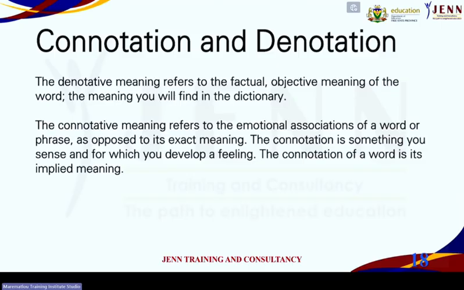Now, the connotative meaning is actually the emotional associations that we have with a word or with a phrase, which is a group of words, as opposed to its actual exact meaning. The connotation is something that you sense and for which you develop a feeling. The connotation of a word is the implied meaning.